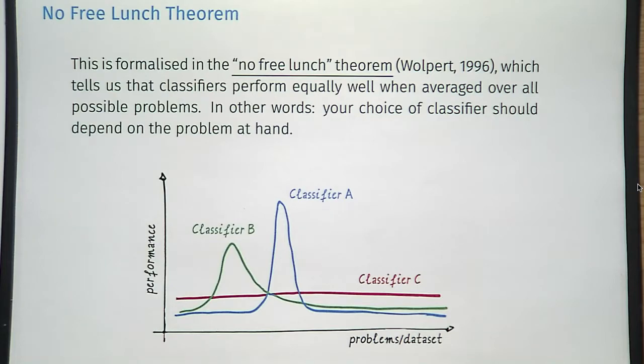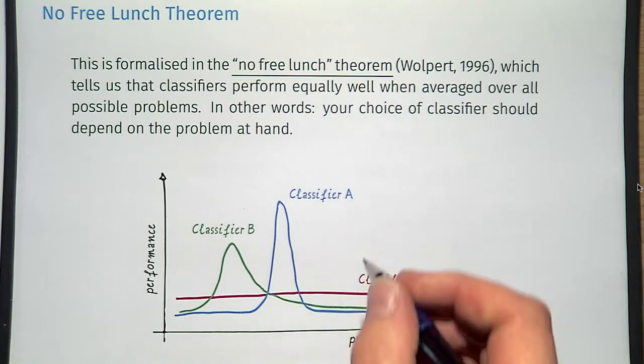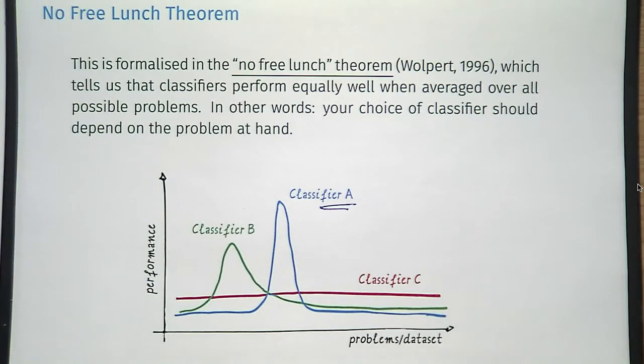For the problem you have at hand, maybe you want to use classifier A, and that would be very good. But classifier A will have to be not as good on other problems. So the average performance over all possible problems is the same for all classifiers.